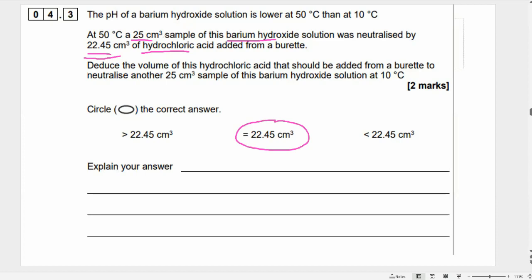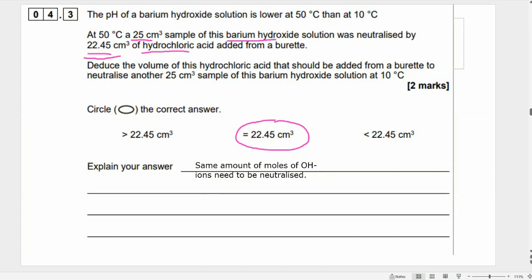So you have the same amount of moles of hydroxide ions that need to be neutralized. So we want to say same amount of moles of hydroxide ions need to be neutralized. Cool. So it doesn't matter the fact that we've changed the temperature, there are still the same amount of moles of hydroxide ions. We haven't changed that.